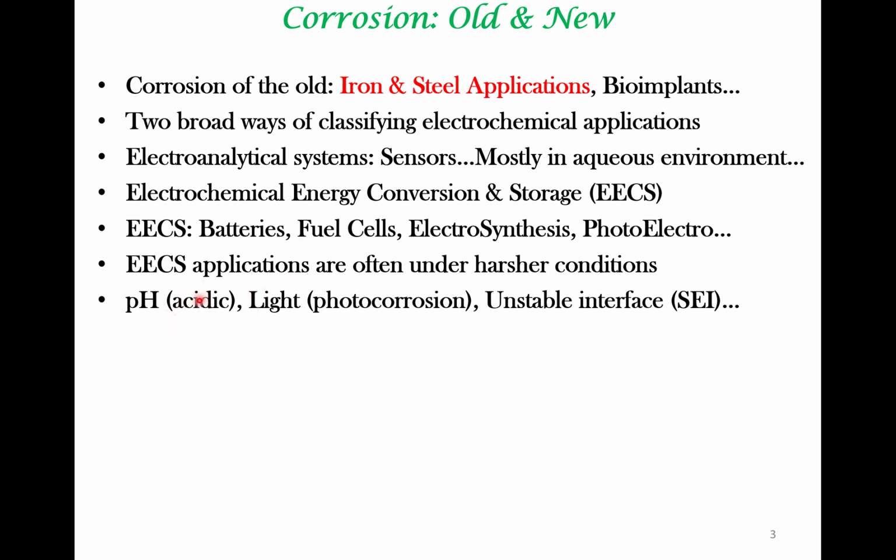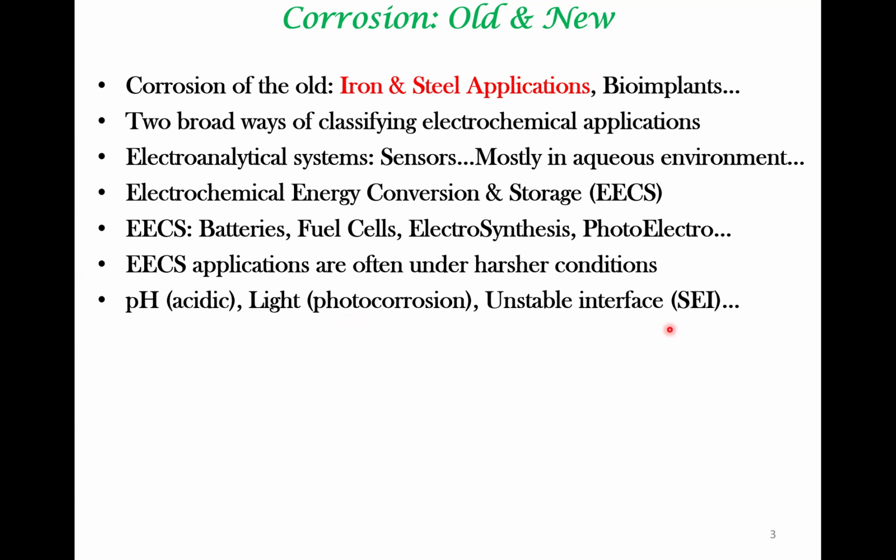Acidity is one of the main reasons why the condition becomes harsh. In photocorrosion, you may be exposing the material to light. There can be electron hole excitation, which leads to certain types of corrosion. Photocorrosion, we may look at this in certain lectures later in this course.